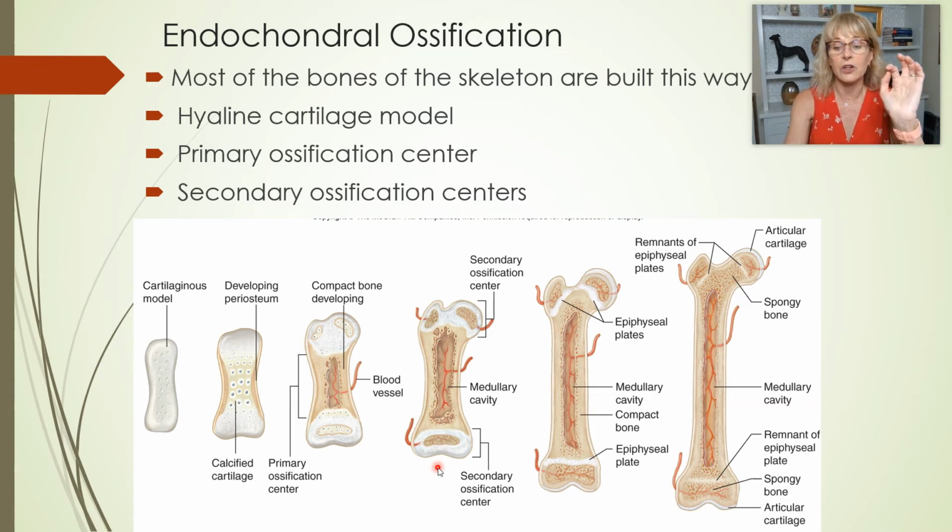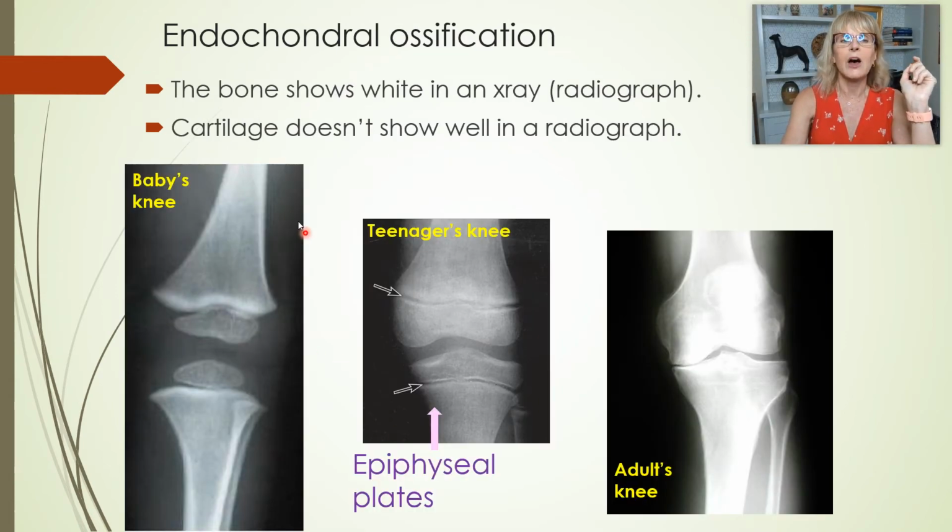Let me show you what that looks like on an x-ray. Now, this is the femur and the tibia, and that's the fibula of a baby, a teenager, and an adult. Clearly I have made the baby's knee much bigger, or that was like an enormous baby, right? But I made it bigger just so that we could compare things, okay?